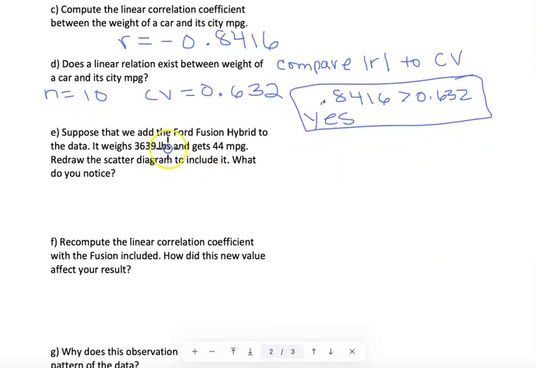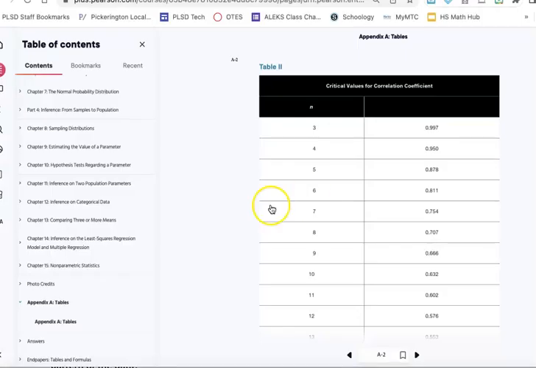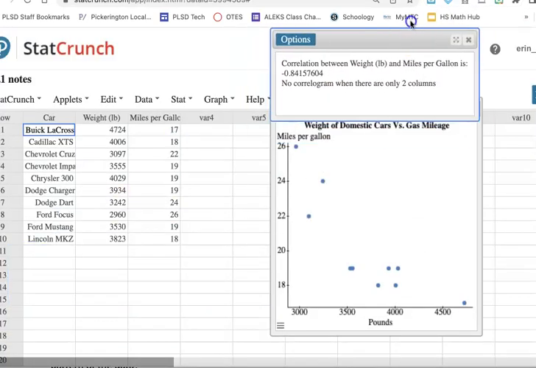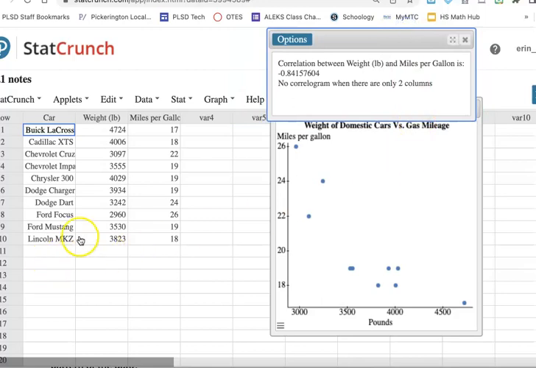Part E, suppose that we add the Ford Fusion hybrid to the data. It weighs 3,639 pounds and gets 44 miles per gallon. Redraw the scatter diagram to include it. So go back to my data sets. I'm going to switch so that this is over here.